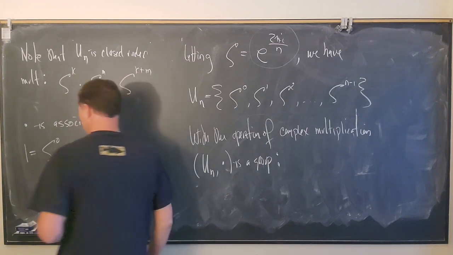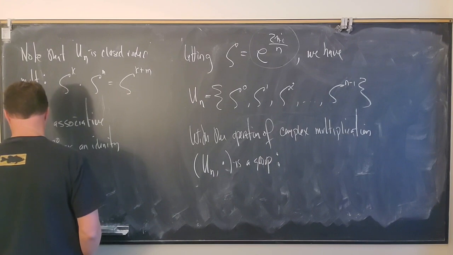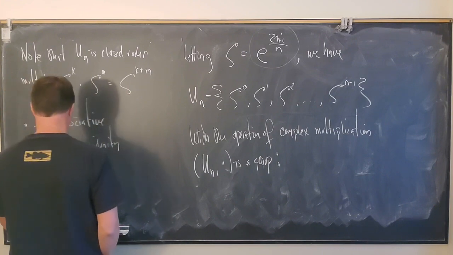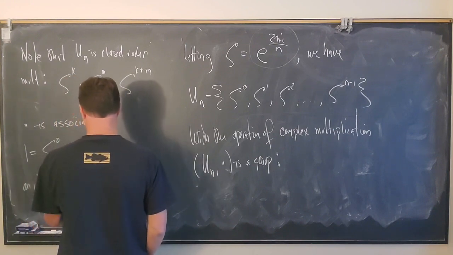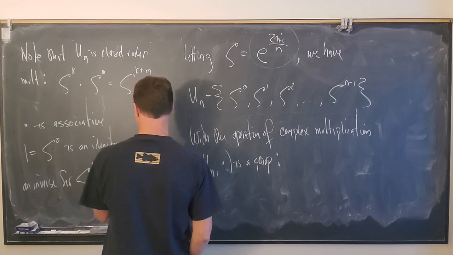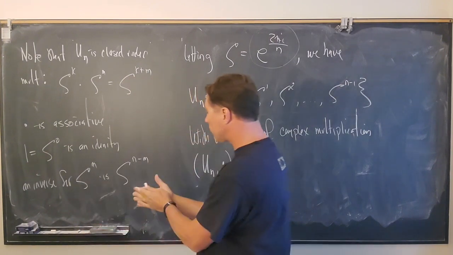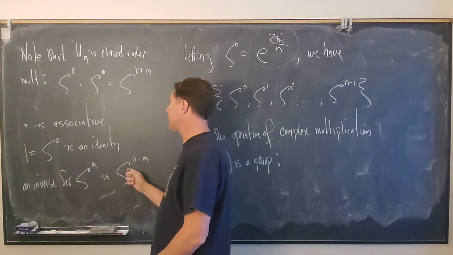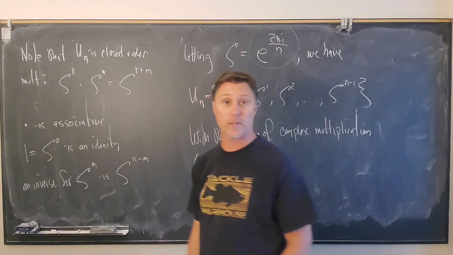And then an inverse for zeta to the m is zeta to the n minus m. If you multiply these together, what do you get? Zeta to the n, which is exactly the same as zeta to the 0.